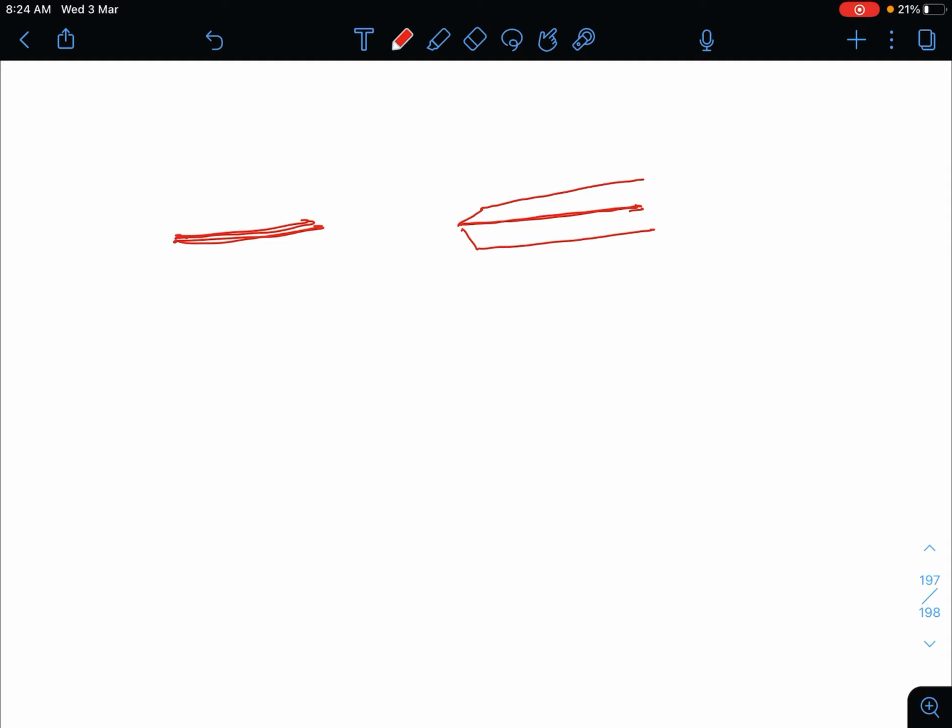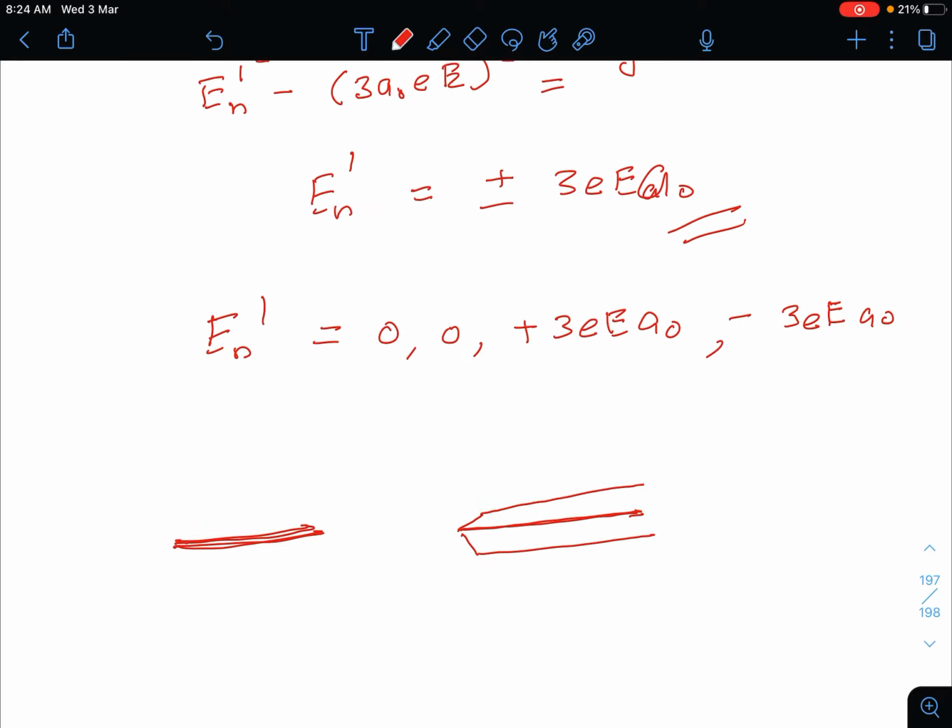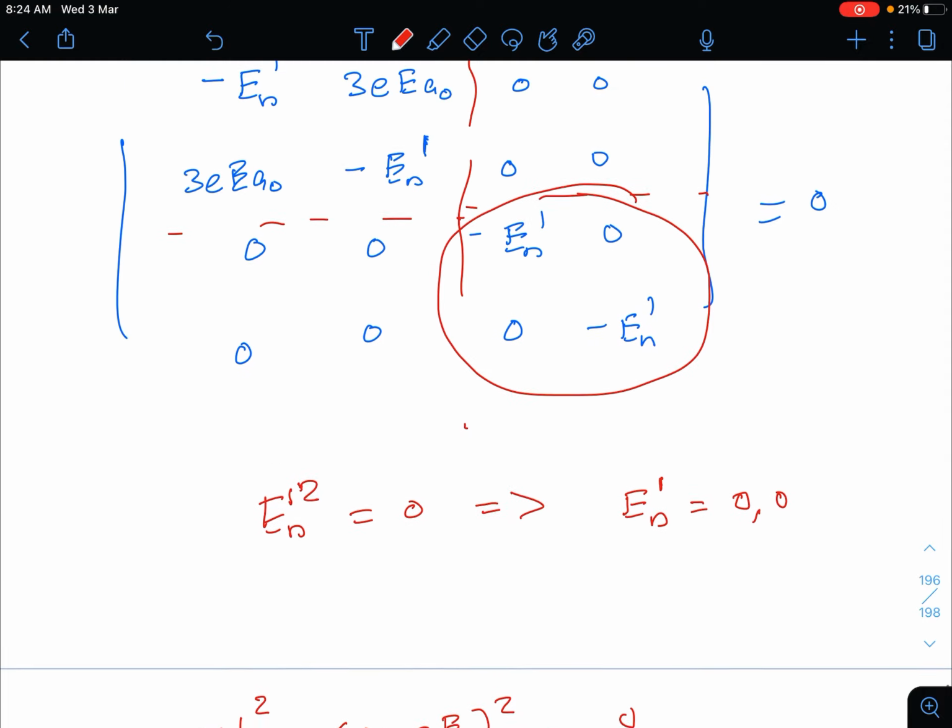So what was the secular equation? How to find out the eigenfunctions? So let's put back the equation.